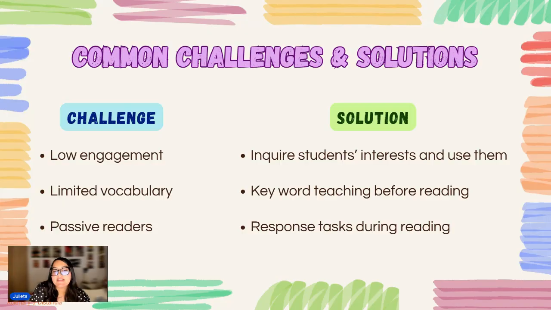Now, in the presence of limited vocabulary, teach keywords that we know they're going to face as an obstacle during the reading. Let's address those before we start our novel, and that should be fixed. And now for passive readers, response tasks during the reading, like the little questions I showed you in part two, are going to be of great help for those passive readers.